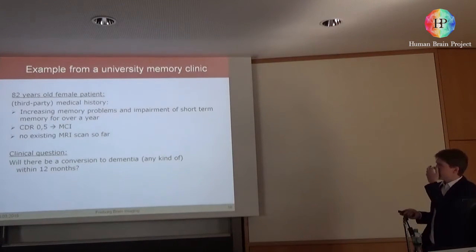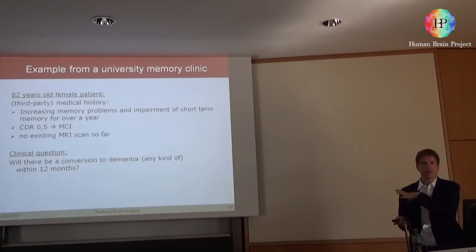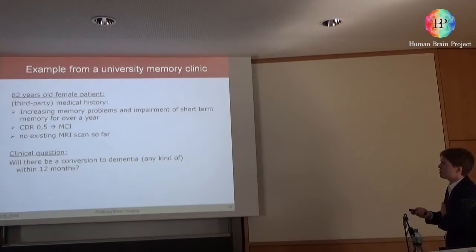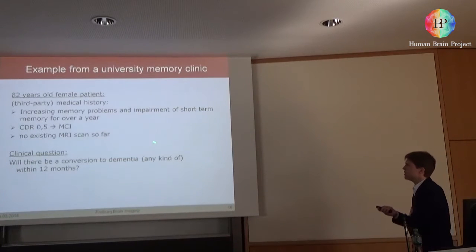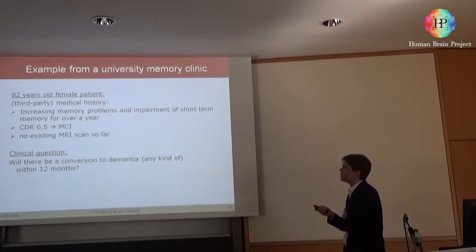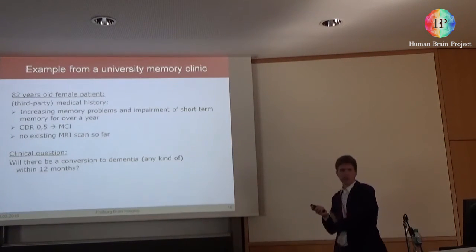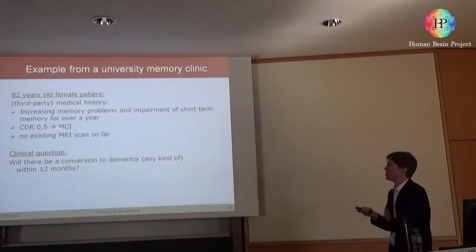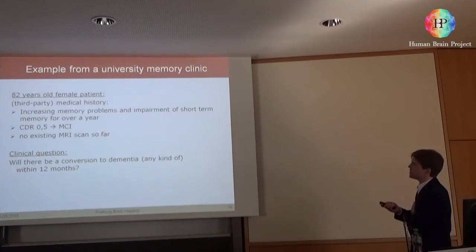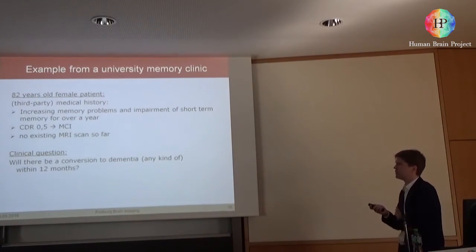Well, this is just an illustration of what the clinical routine is like at the moment at our hospital. This is a case of an 82-year-old lady who basically says everything is okay, so she doesn't know what she's here for, but the relatives mention memory problems and impairment in short-term memory over the last years.